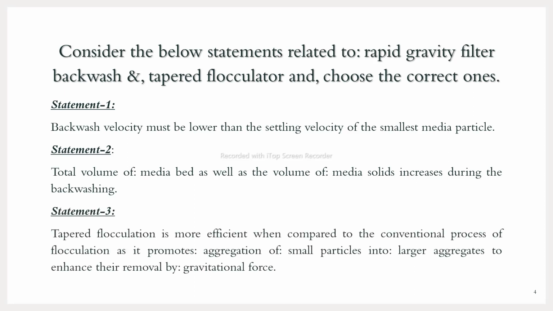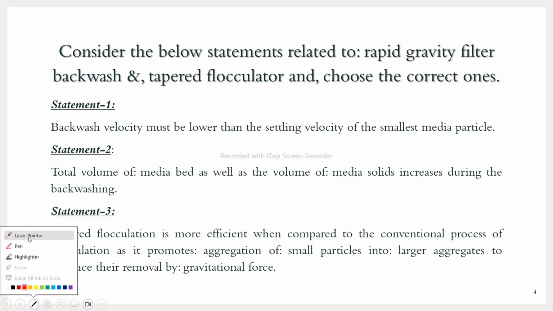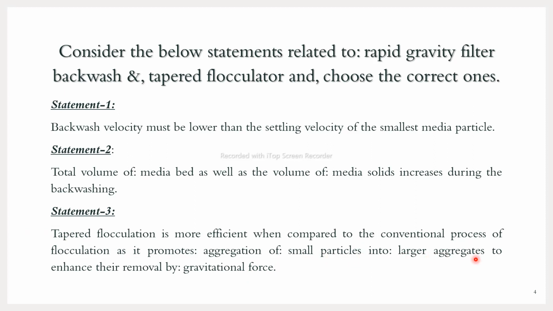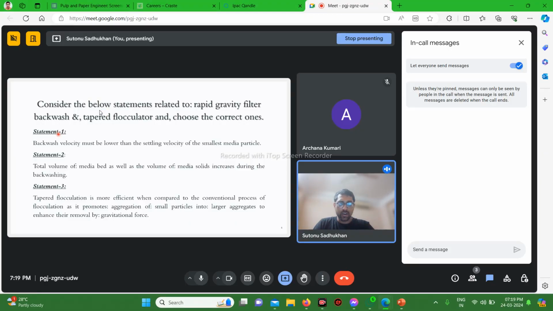Statement 3: tapered flocculation is more efficient when compared to the conventional processes of flocculation as it promotes aggregation of small particles into larger aggregates to enhance their removal by gravitational force. You have to tell which of these statements are wrong and which are correct. You can type your answer in the chat box.